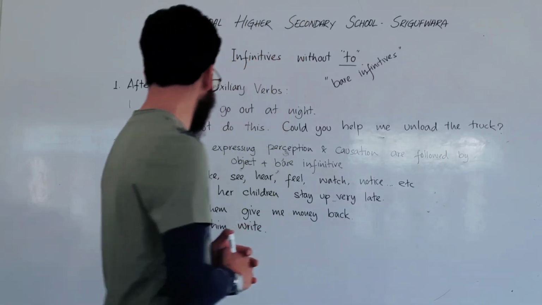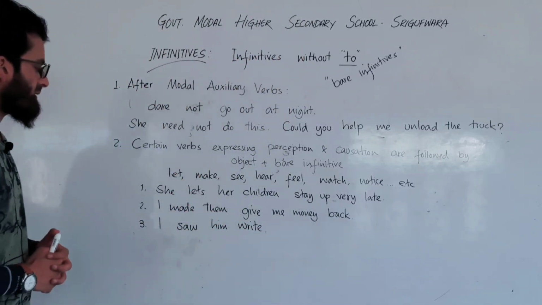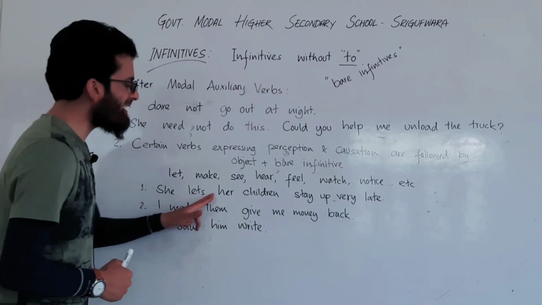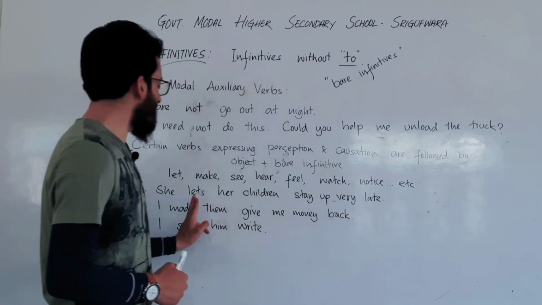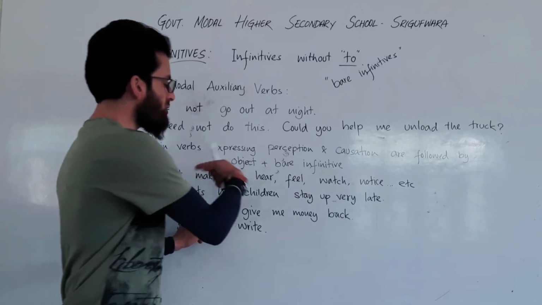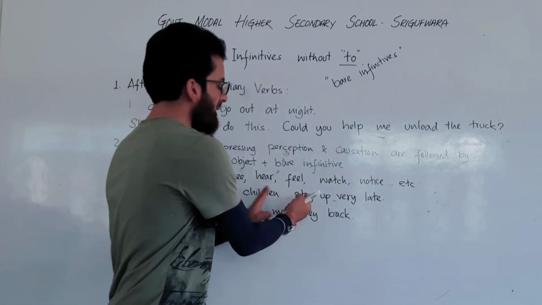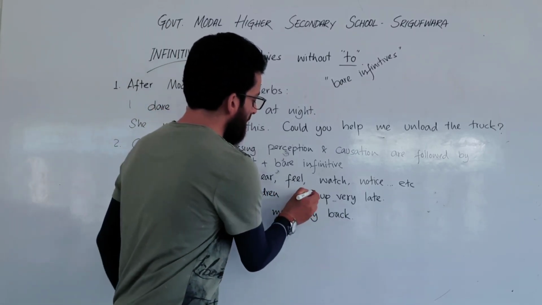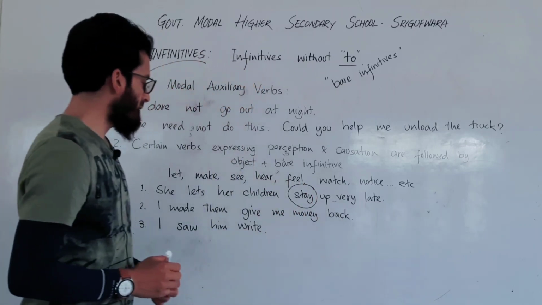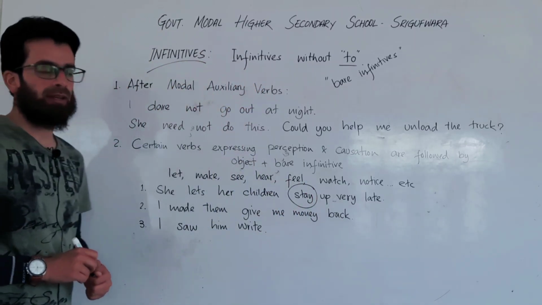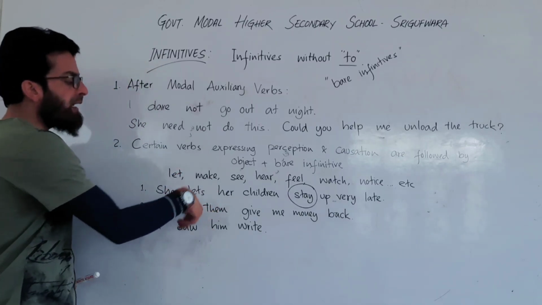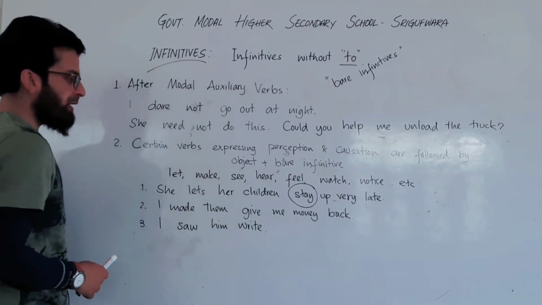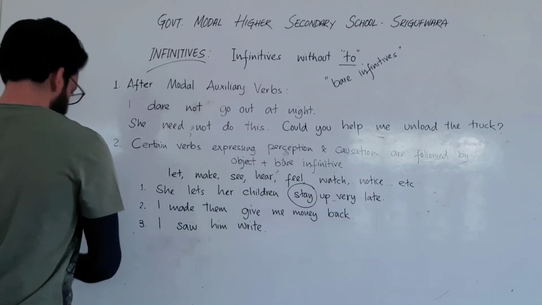So for example, I have written three simple sentences. She lets her children stay up very late. So here let has come, then the object, and after that the infinitive is a bare infinitive. Second, I made them give me money back.